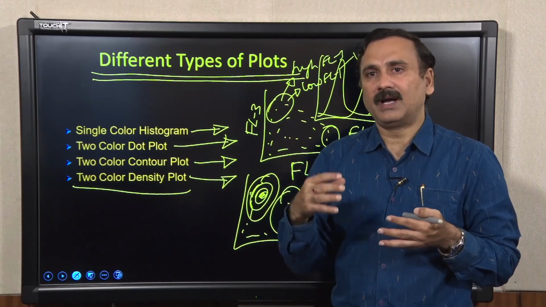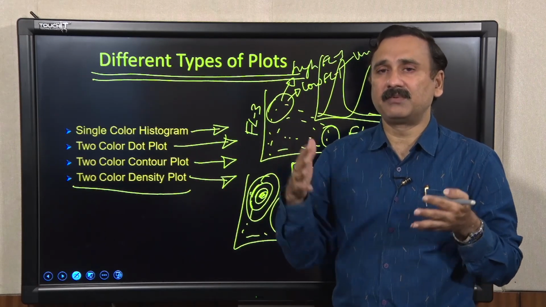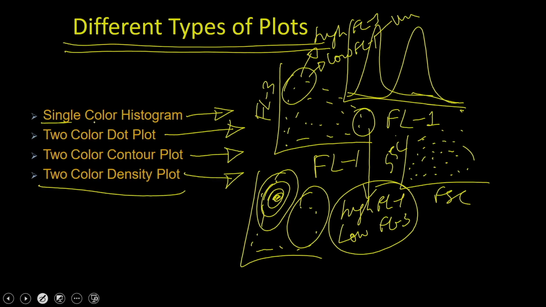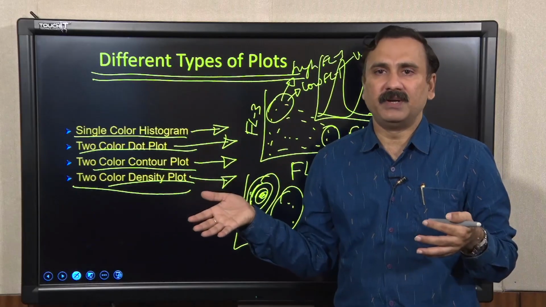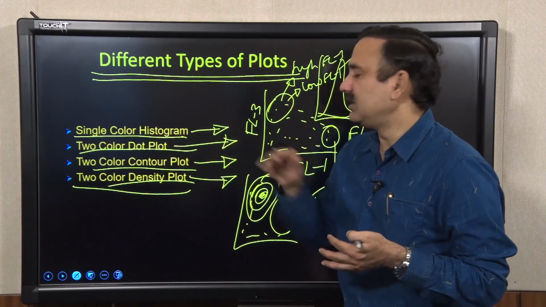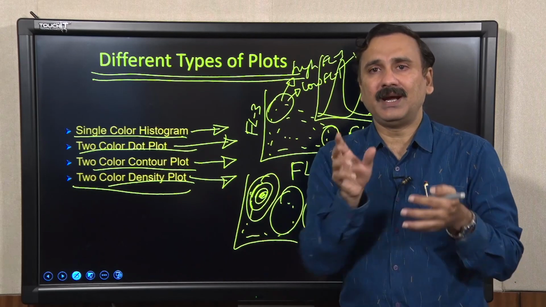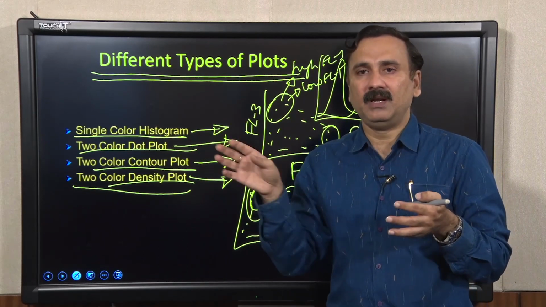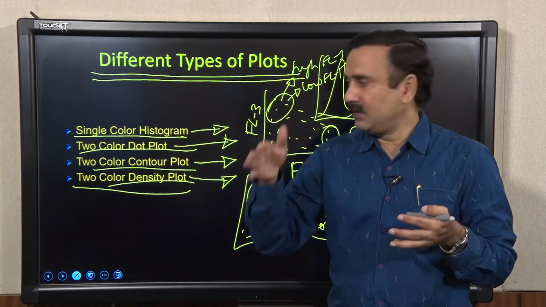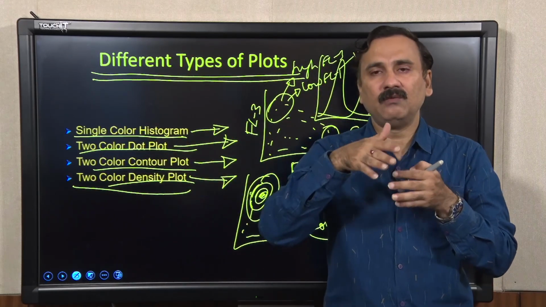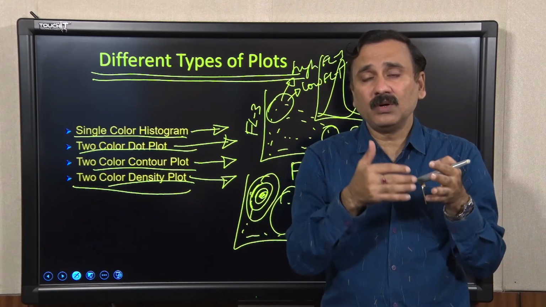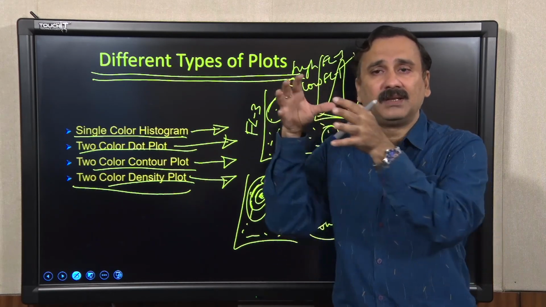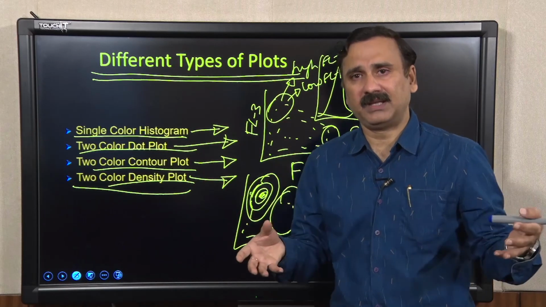So, that is how you have the flexibility of different types of plots, whether the histogram plot, the dot plot, the contour plot, or the density plot. The purpose of all these plots is to look at the individual properties. For example, you use the histogram plot when you are looking at a single property varying in different types of cells, but you use the dot plot when you are looking at two different properties and how they vary in a single cell population or in multiple cell populations.